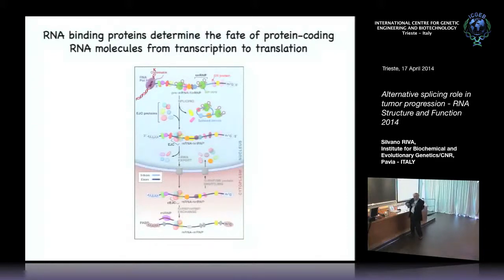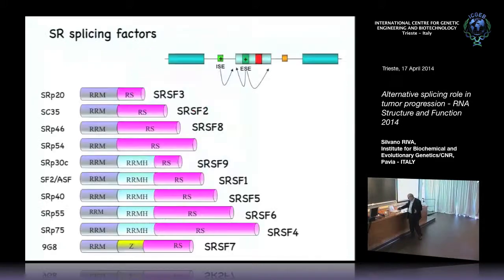And the major players in all this very complex thing are the splicing factors that I already mentioned to you. And please remember this one that has two names, SF2 ASF or SRSF1, because I will talk a lot about this factor.